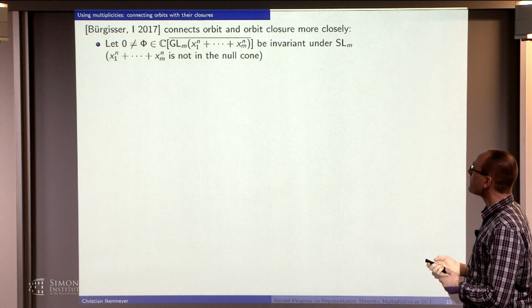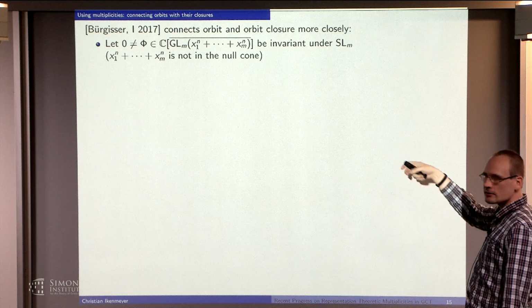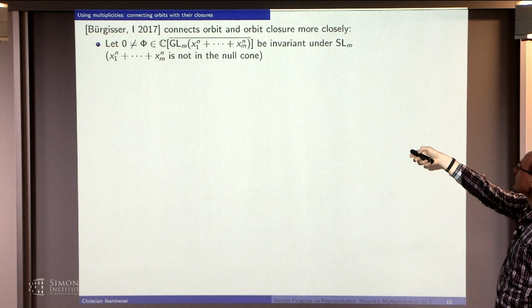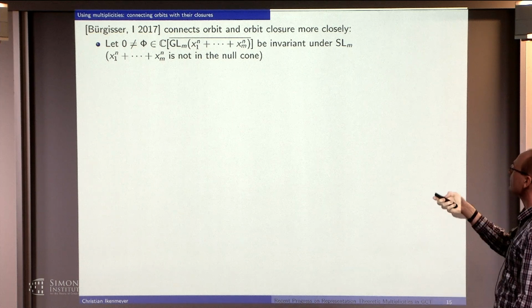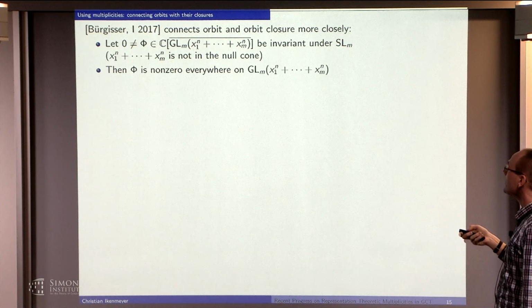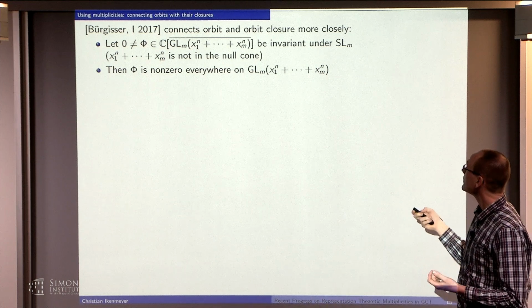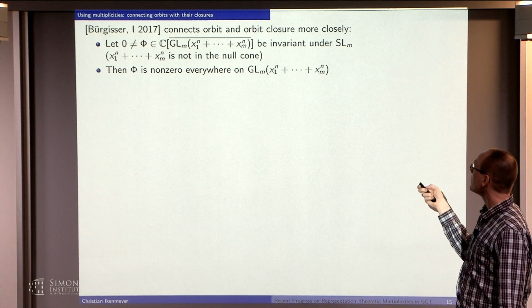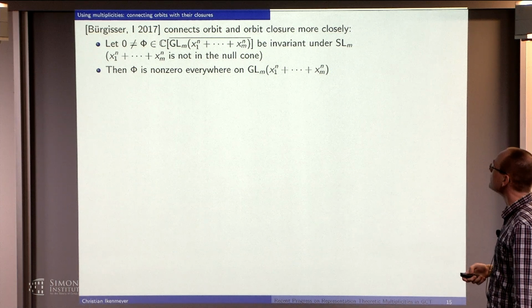Since this thing exists, this means that the point is not in the null cone; it is actually stable. You take this phi, and it turns out that this invariant is non-zero everywhere on the orbit. It actually follows directly from its invariance.